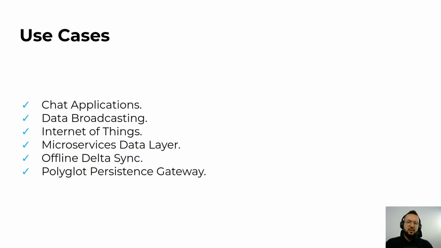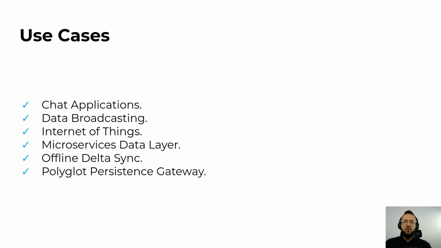Speaking about use cases, as I said, the most predominant use case for GraphQL and AWS AppSync is to have instant and real-time connectivity and communication. So any kind of chat application, data broadcasting, even Internet of Things for the beefier hardware and machines on the Internet of Things side will be appropriate.